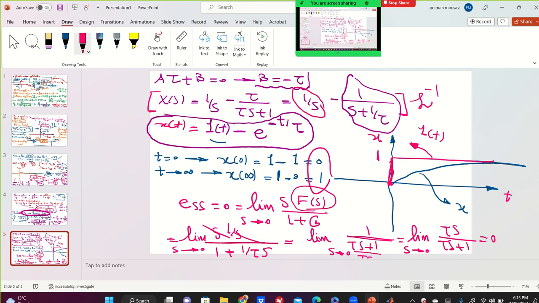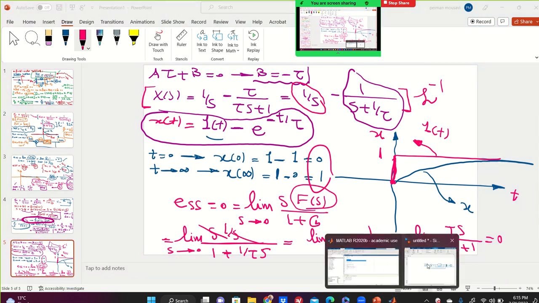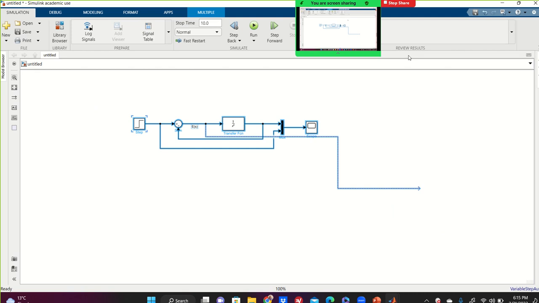So, being said, if you are done, I will go to the Simulink. Oh, this is another one that I copied.